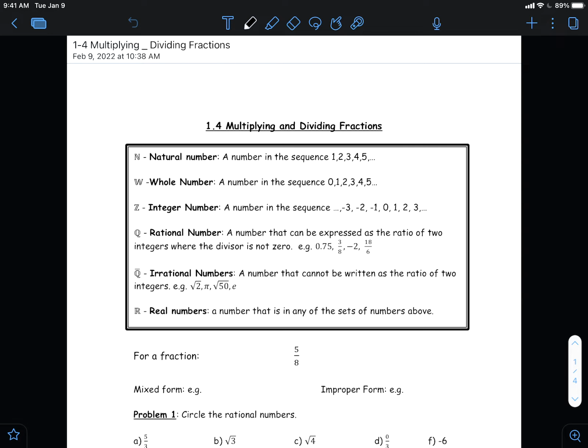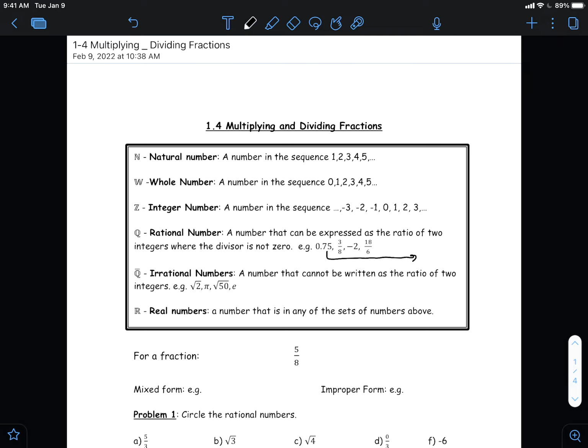So you'll see rational numbers can be expressed. So 0.75, is there another way to represent 0.75? If you're able to write a particular decimal as something divided by something else, that's a rational number.